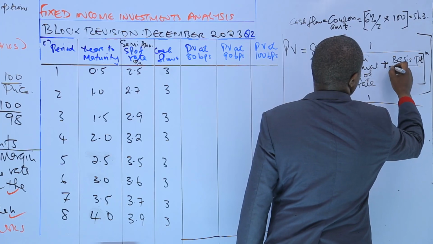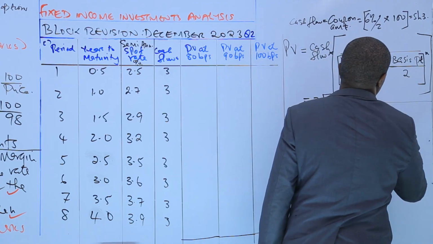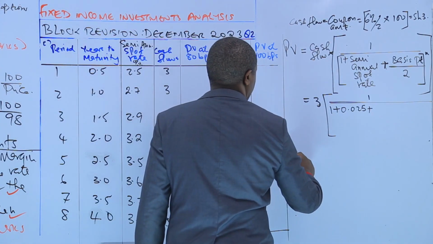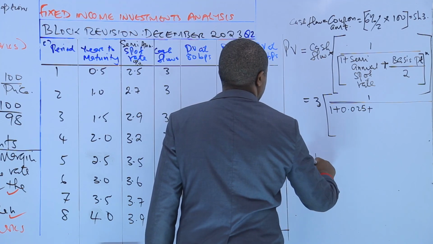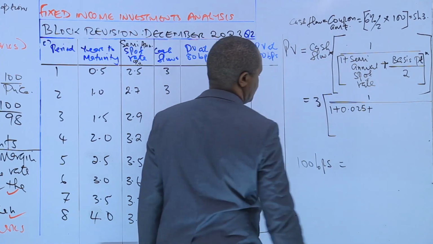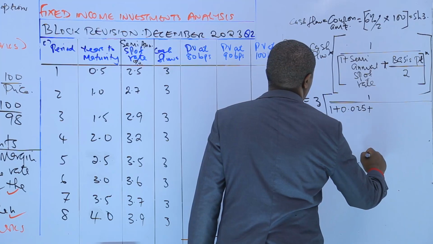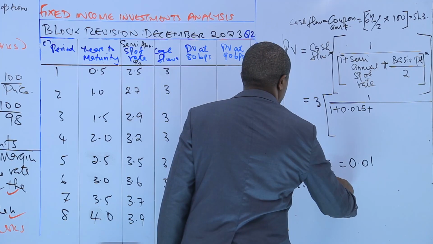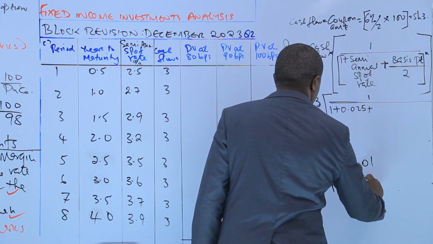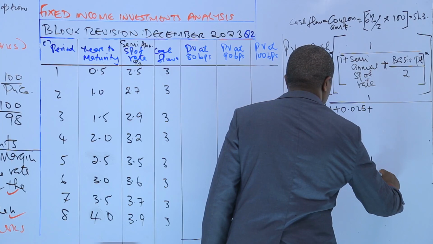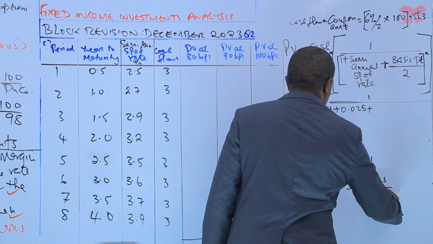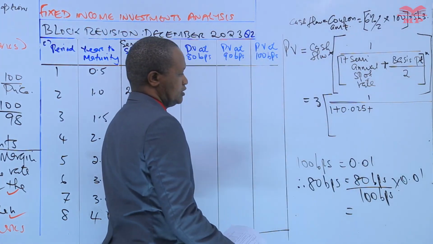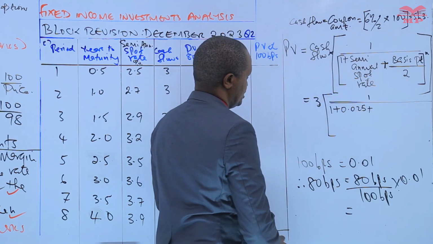the basis point. So candidates, how do we calculate the basis point? We know that 100 basis points is equal to 0.01. And therefore, 80 basis points will be equal to 80 basis points over 100 basis points times 0.01.